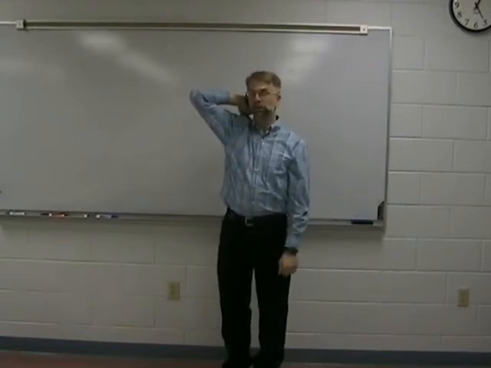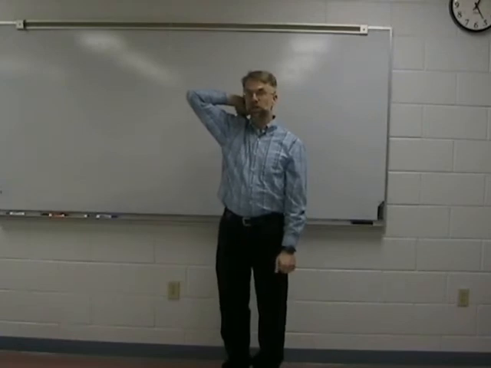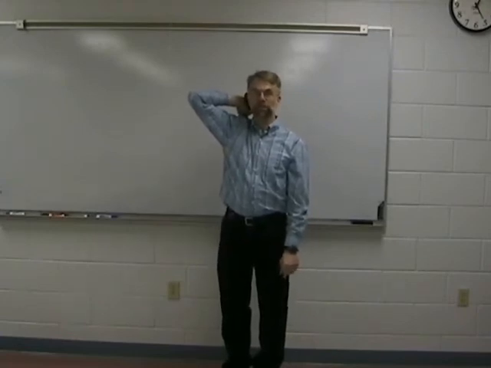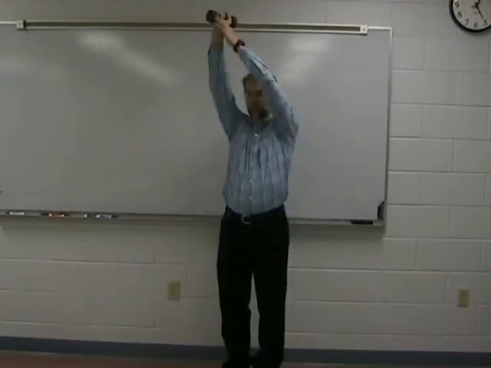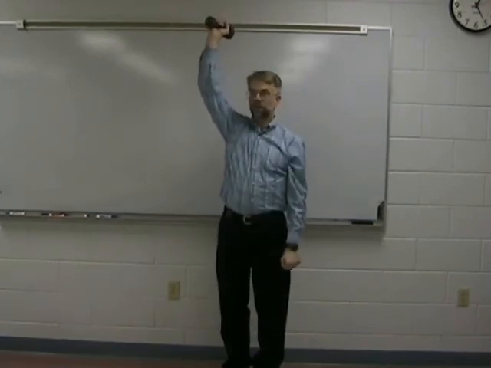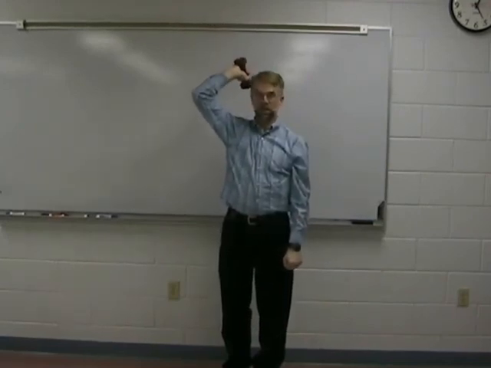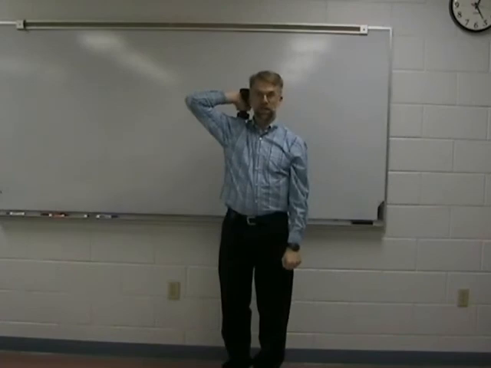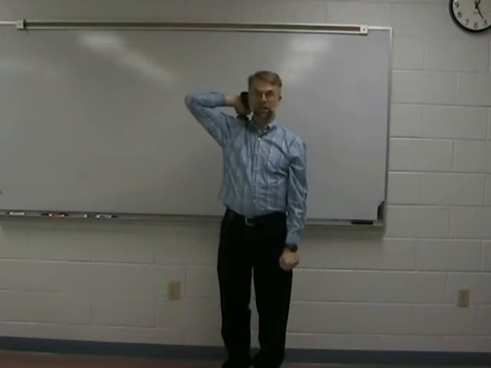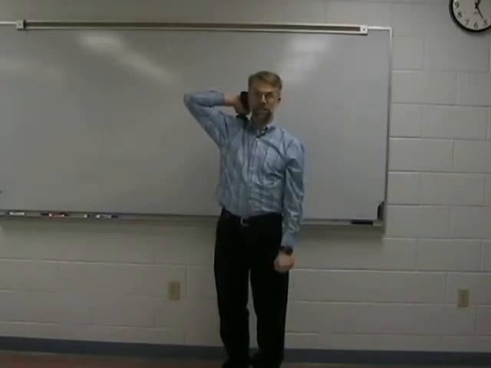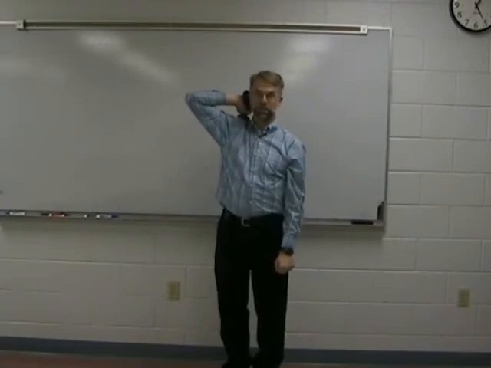Now, are those elbow extensors getting longer, getting shorter, or staying the same length? Well, from up here to down here, those elbow extensors are actually getting longer. Thus, this would be an eccentric contraction of the elbow extensors. Okay?